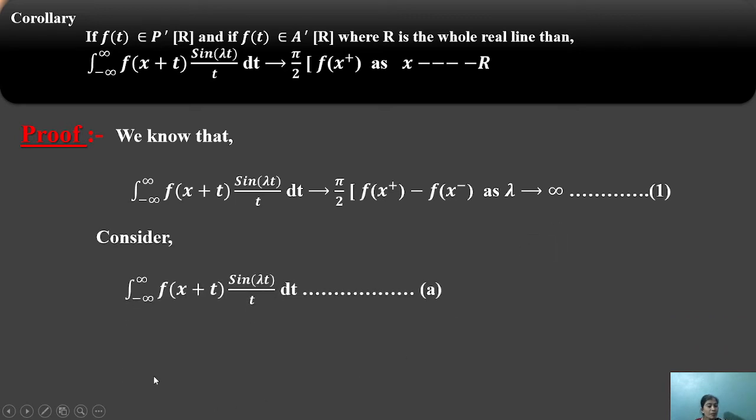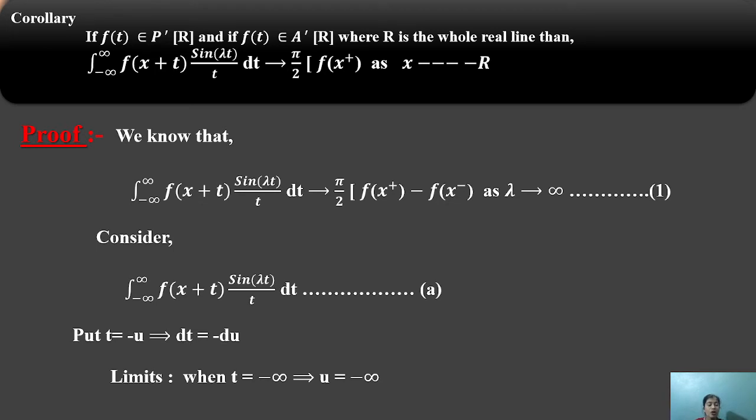Consider the integral from minus infinity to infinity of f(x+t) sin(λt)/t dt. This will be the first equation. Put t = −u, then dt = −du. The limits also change. When t equals minus infinity, u equals minus infinity.